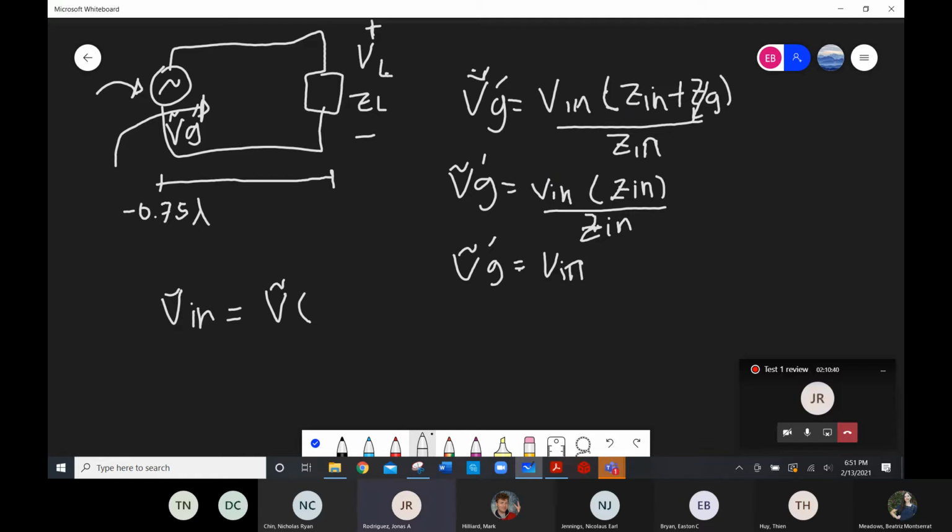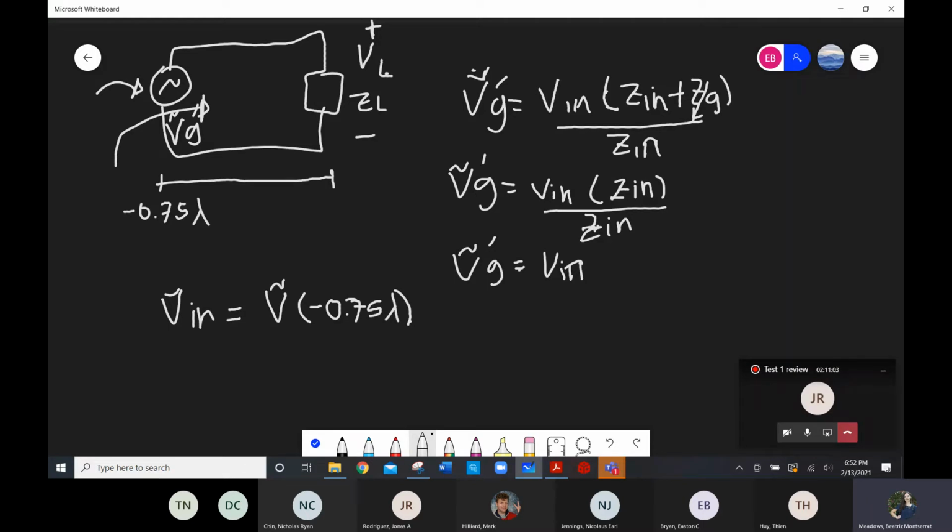Are we looking at the little transmission line? Because then it'd be at minus 0.75 lambda. Yeah. Okay. Why would we not be looking at the little transmission line, though? That's my question. Is it clear why we're looking at it? Because we're using just the little transmission line.